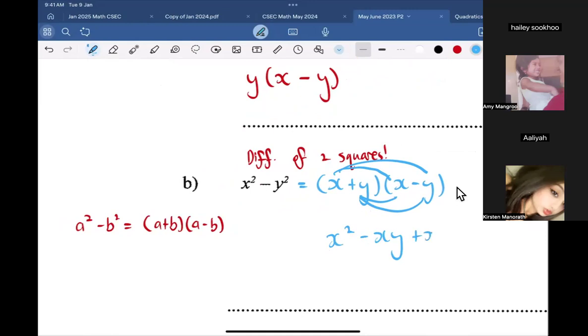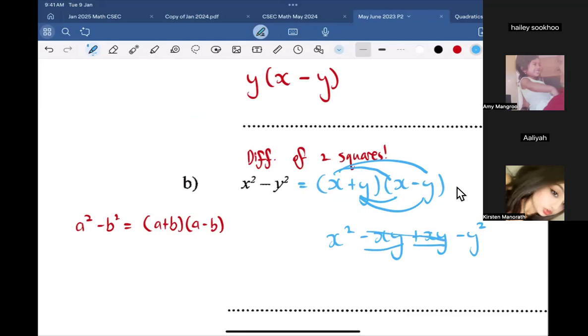Positive xy. And what is minus y by y? Minus y squared. And minus xy would cancel off with the xy.